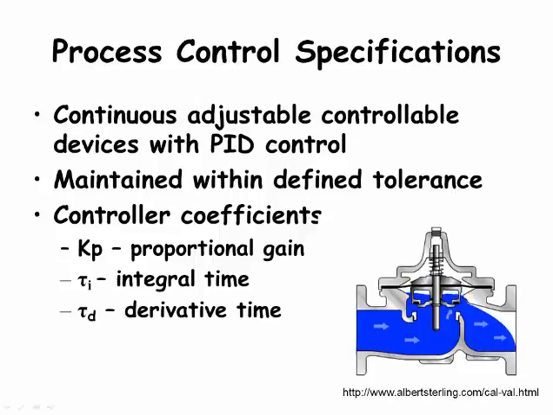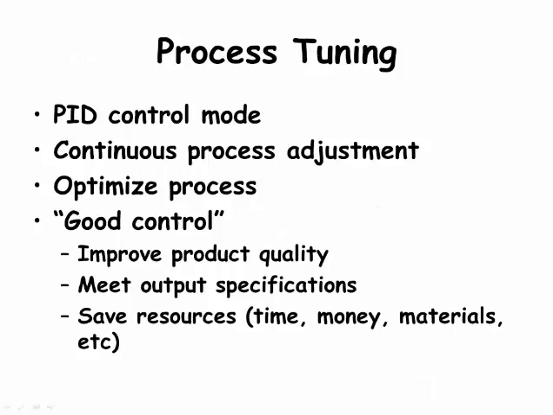In addition to maintaining the process output within some specified tolerance, good control is assessed by how the system responds to a step change in either the set point or a process input. The size of the step change will depend on the expected set point or load changes that the process would be expected to experience.